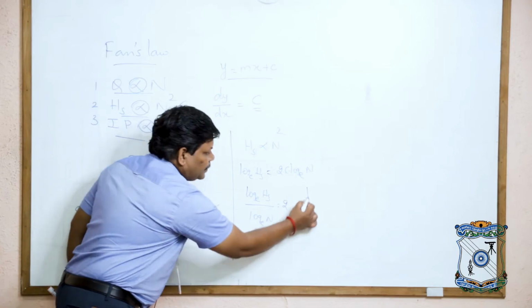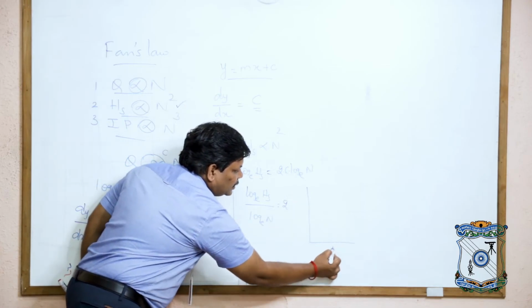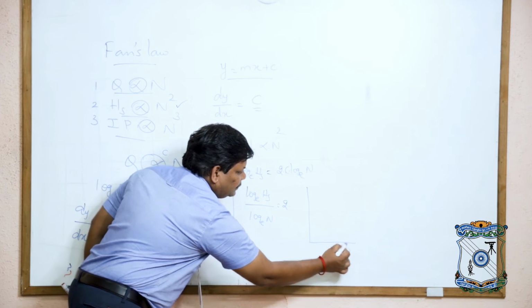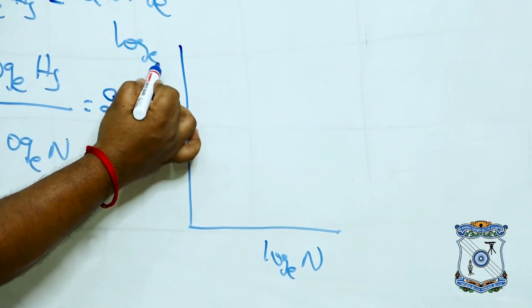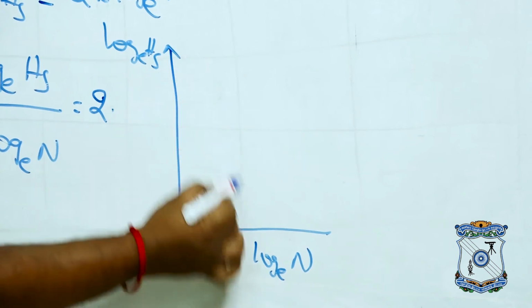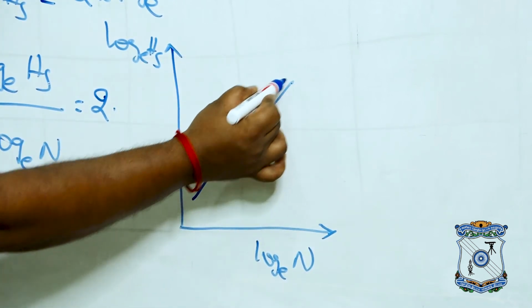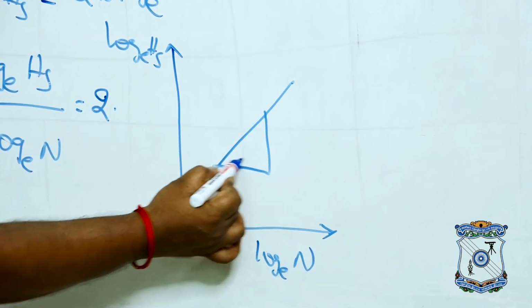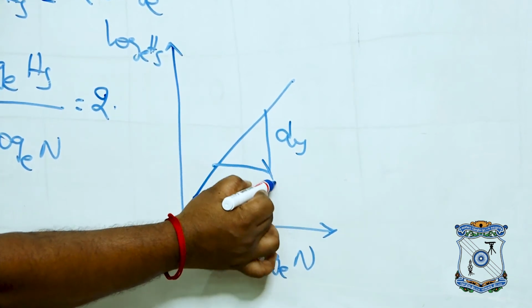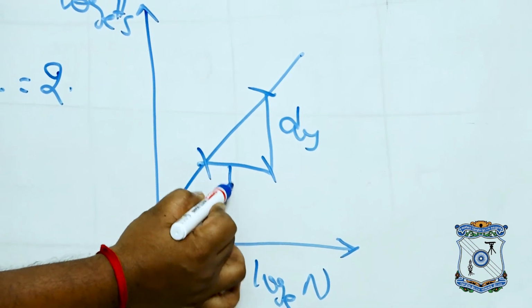The same way, you have to draw a graph between log base e N and log base e HS. With that graph, you will get a line like this. This is dy and this one is dx.